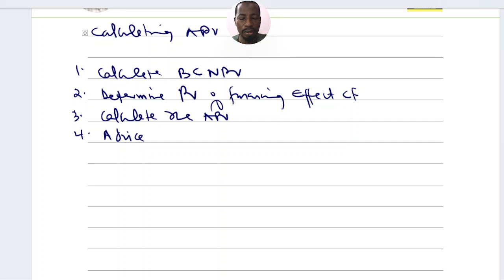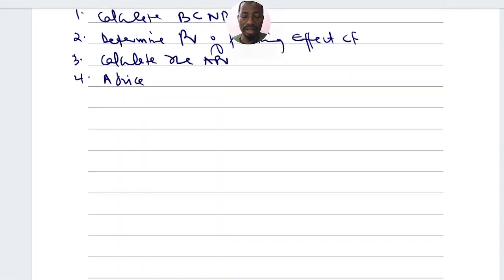Each of step 1 and step 2 has its own underlying procedures that you are supposed to carry out. So let's take it one by one. Remember the promise I gave you that I will take my time to explain the underlying concept of adjusted present value. Therefore, let's calculate base case NPV.